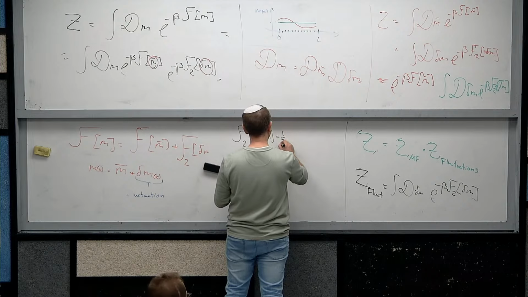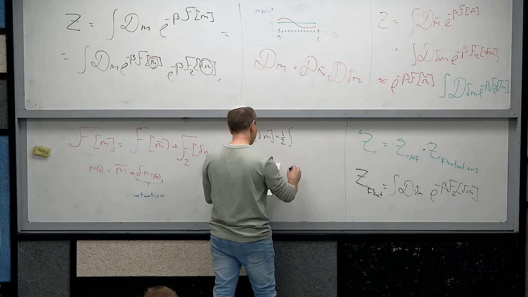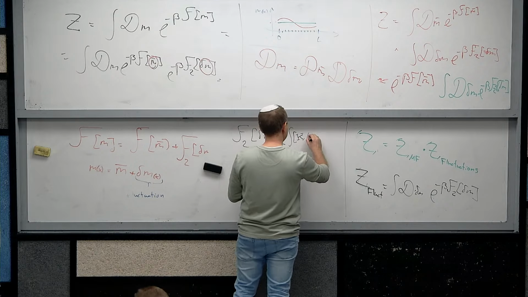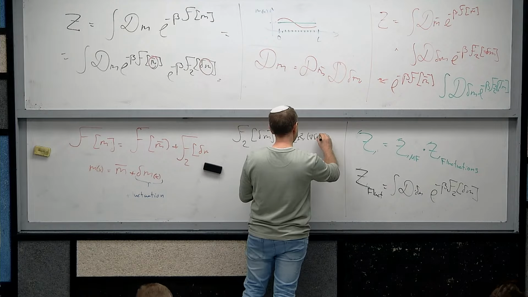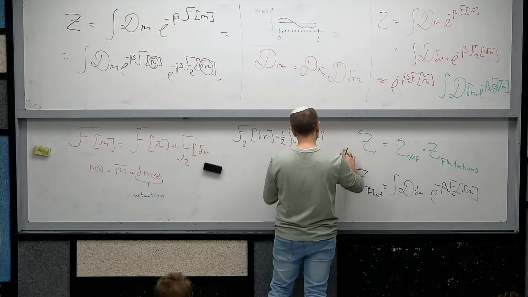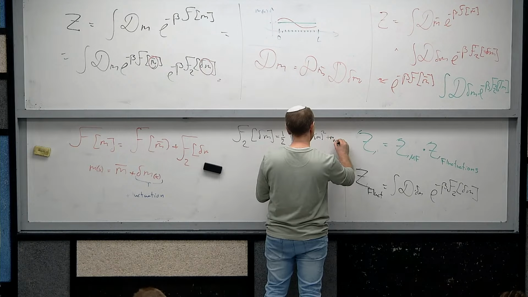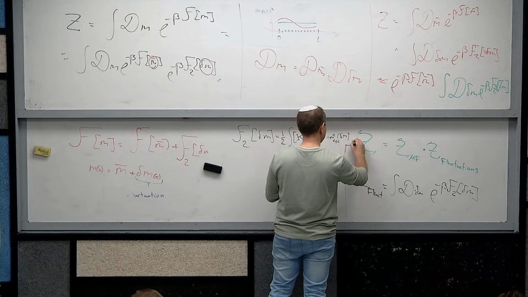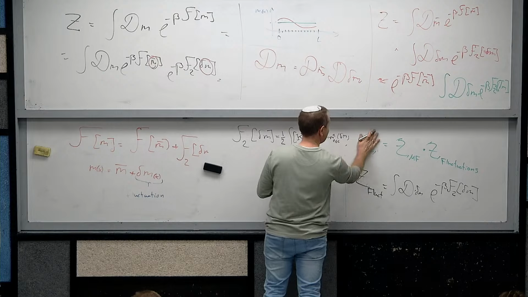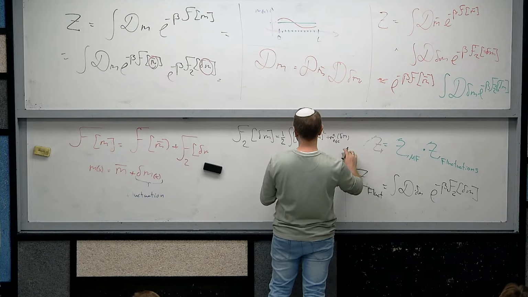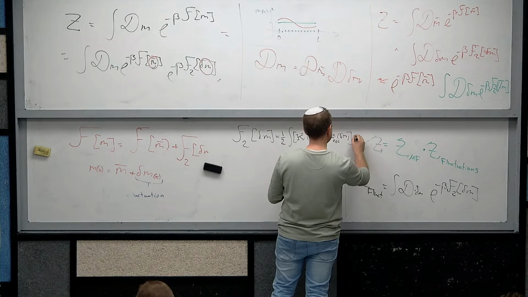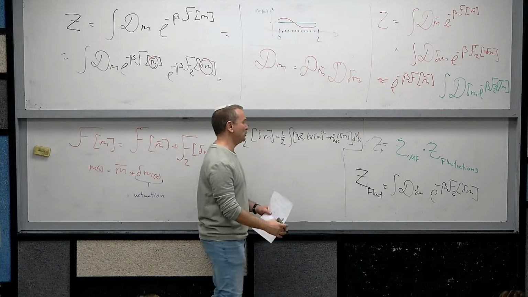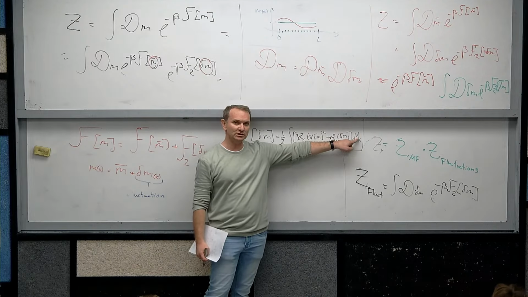F of delta M is 1/2 an integral over space of K times the gradient of delta M squared plus M effective squared times delta M squared. Here I have d^d x, so let's assume we are treating dimension d, the small d over here.